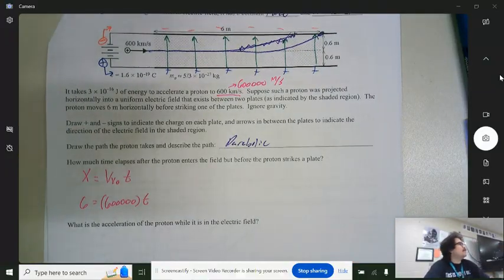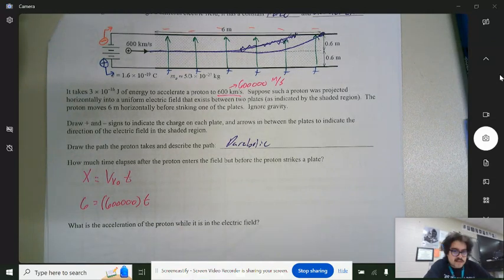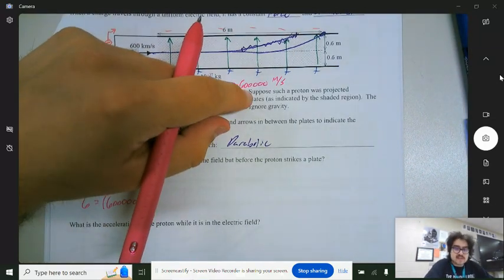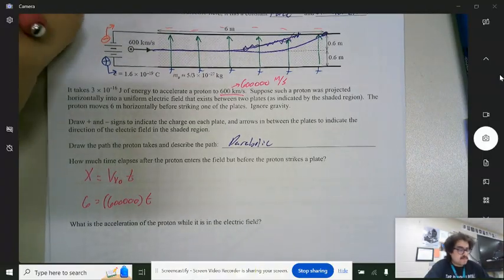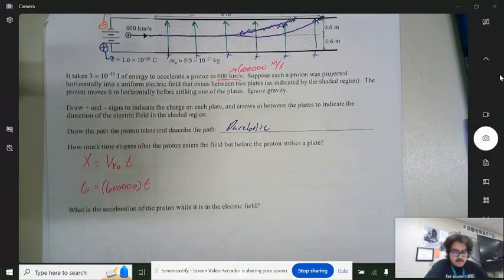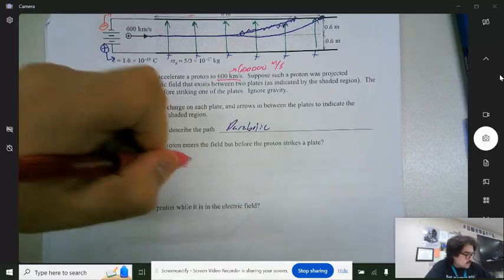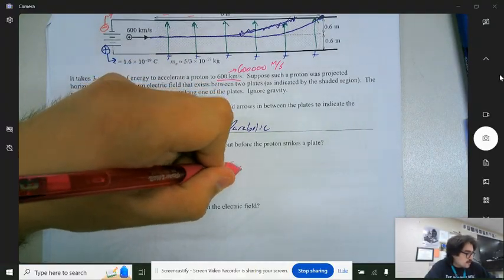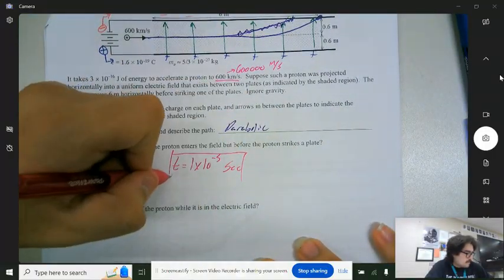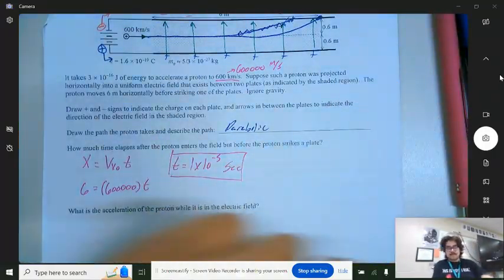And now you're thinking, wait a minute, that's a really, really fast speed. To put that into perspective, this is insanely fast, right? So it only goes 6 meters, so the time's got to be really, really small. And we would calculate that out to be about t equals 1 × 10⁻⁵ seconds. That is incredibly fast, a really short amount of time.